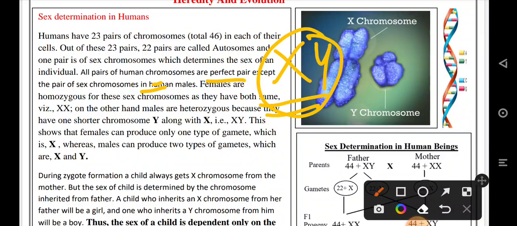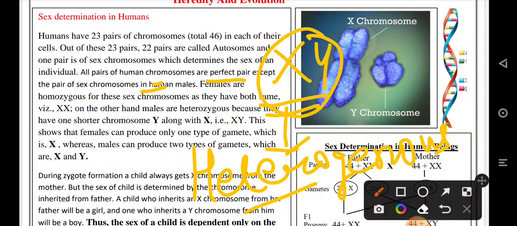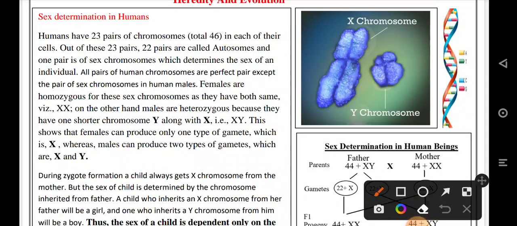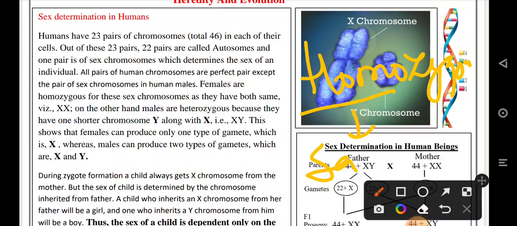Because they are different, and these different things are known as heterozygous. Hetero means different, which are not similar. And if we talk about homozygous, homo means same.